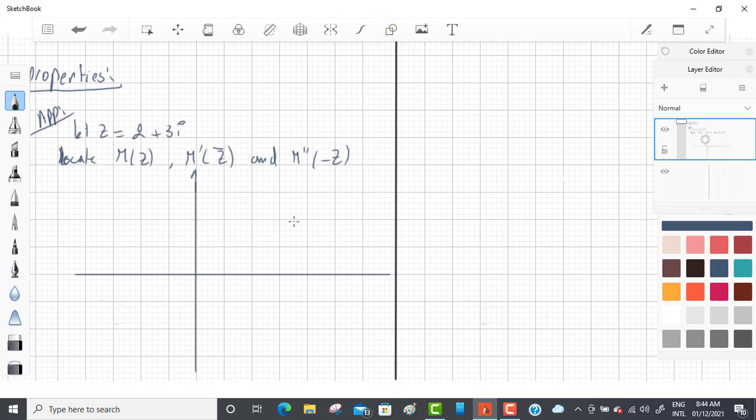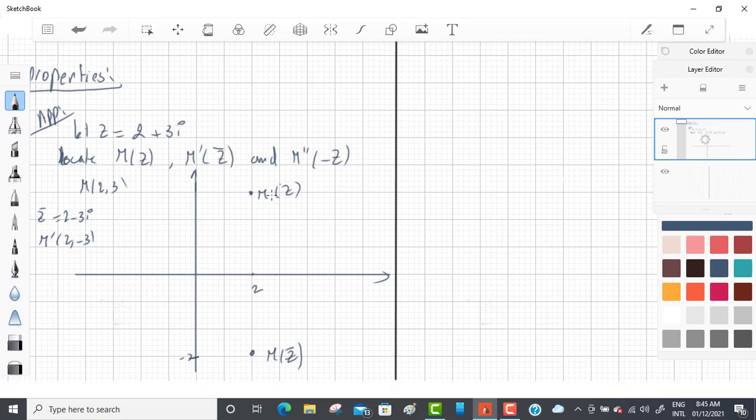M of affix z will be M(2, 3). This is the point M of affix z. M prime of affix z bar, which is 2 minus 3i, is M prime (2, minus 3). This is M prime of affix z bar.